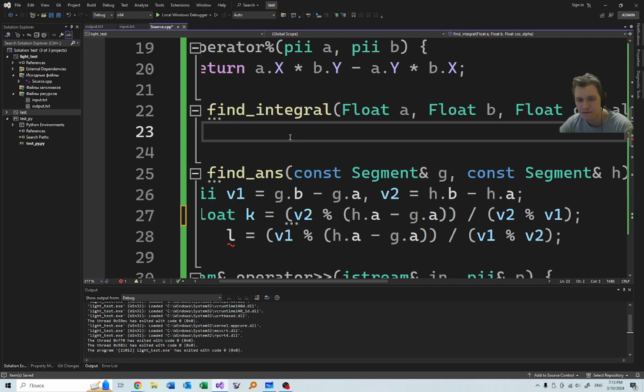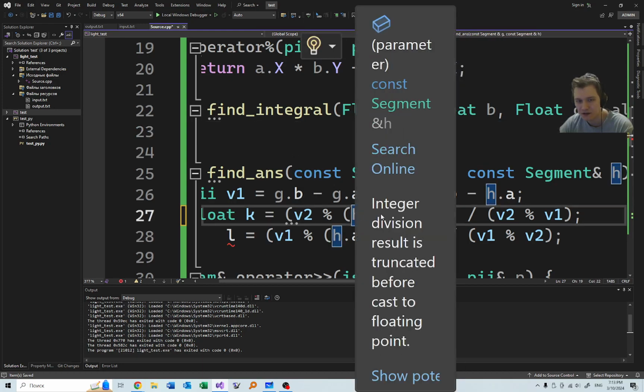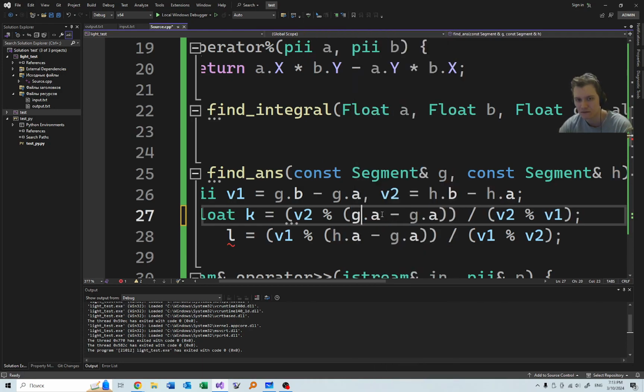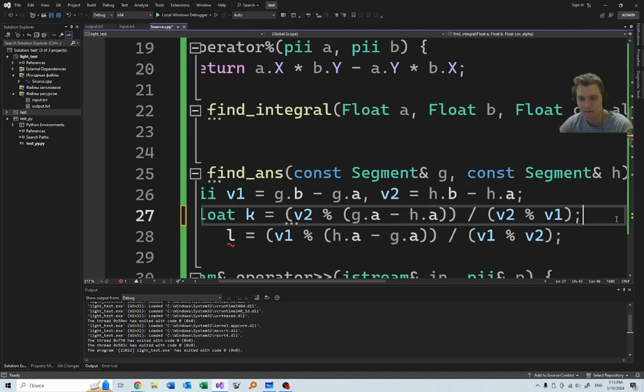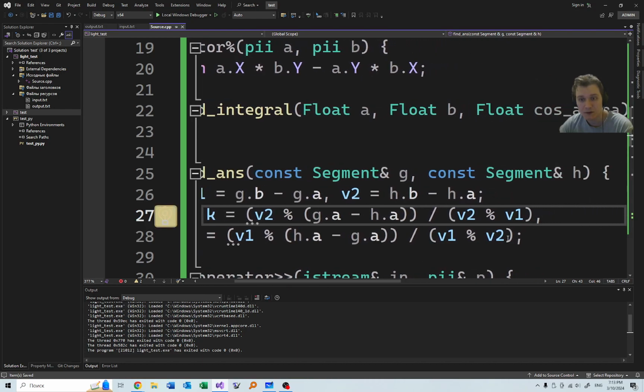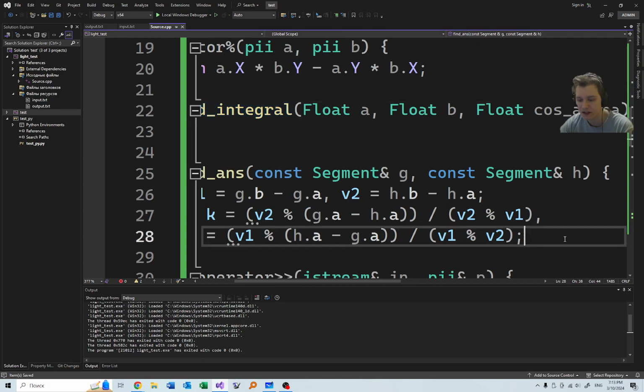Yes? Okay, now we have K and L, and what we need to do is to apply this function 4 times.